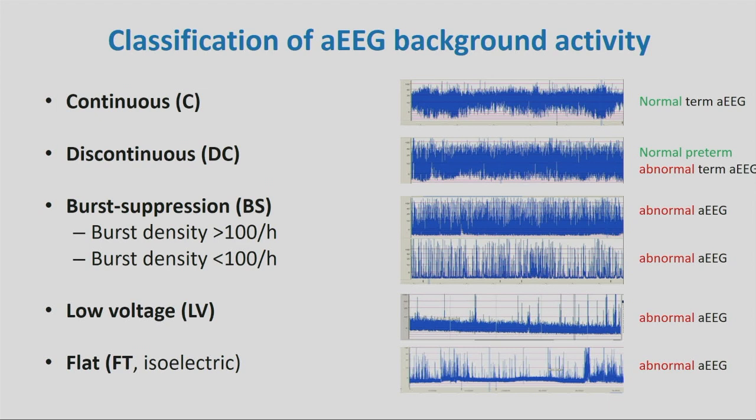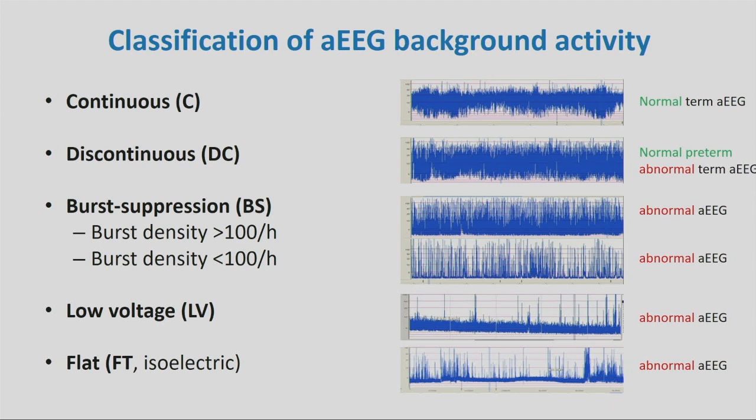So if you have, for example, a preterm baby who has a discontinuous activity, then you have flatter periods, which means the lower margin drops down because you have flat periods, and you have higher bursts, which gives you a higher upper margin.